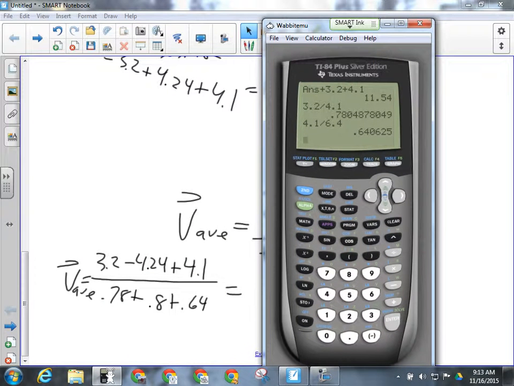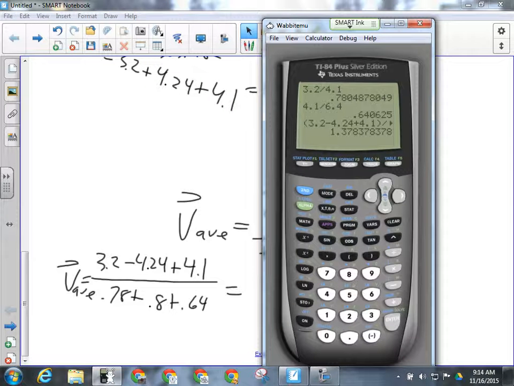All right, so we'll have our 3.2 minus 4.24 plus 4.1, divided by 0.78 plus 0.8. Whoop, I better put that in brackets or I won't know what to do. Plus 0.64.